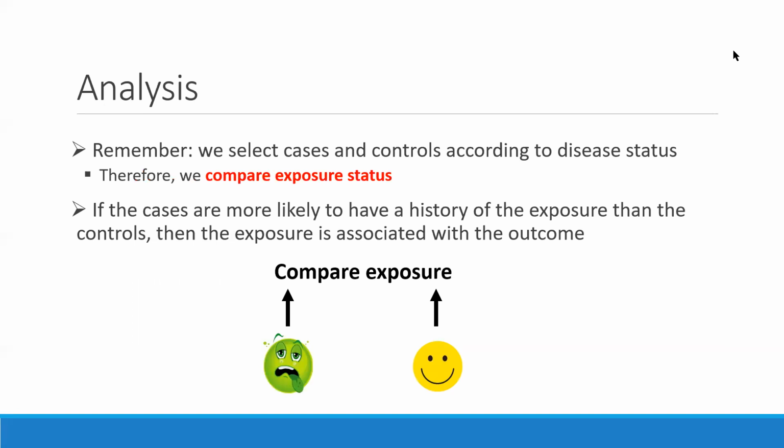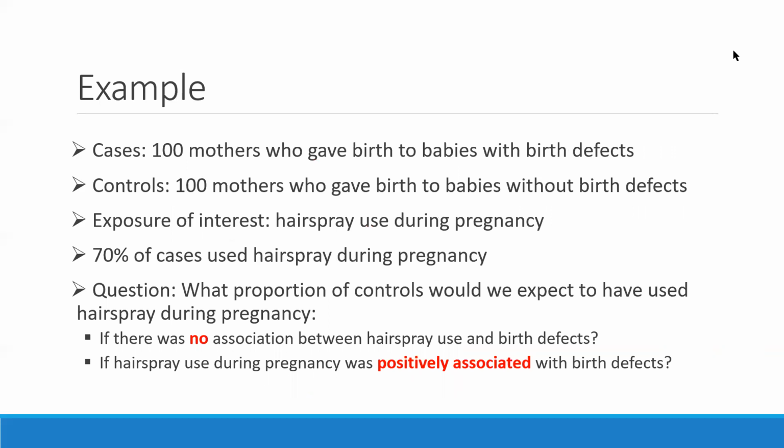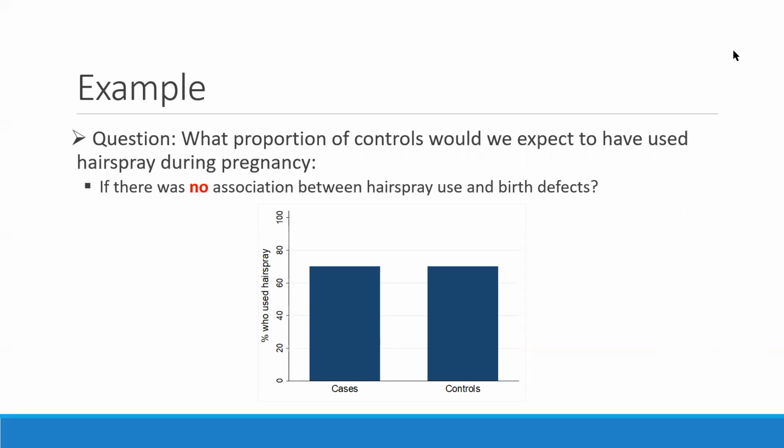So what we're doing in the analysis, as we said, is we start with the outcome, and what we're measuring is the odds of exposure. So you're looking at the odds of being exposed among cases and the odds of being exposed among controls, and then you do the ratio of that, and we'll see this. So if we have 100 women who had babies with congenital defects and 100 without, and 70% of the cases say I used hairspray, and 70% of the controls said I used hairspray, it's basically the same.